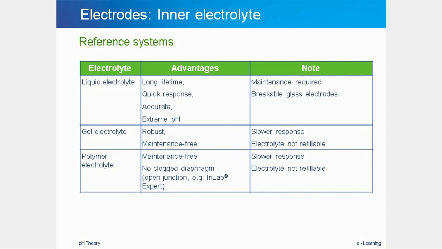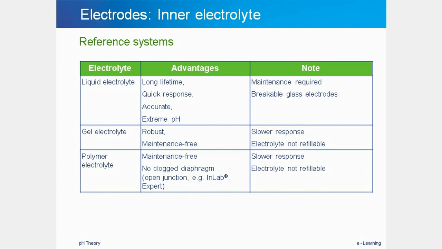This immediately is also the disadvantage, as this means that electrode maintenance is required. Also, the glass used for these types of electrodes can break and make the electrode unusable. In this respect, the gel electrolyte is better, as this is maintenance-free, simply because the electrolyte cannot be refilled, which also makes the electrode a disposable item.